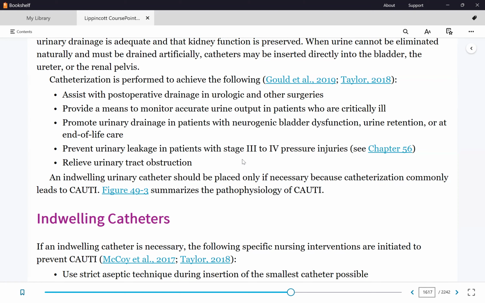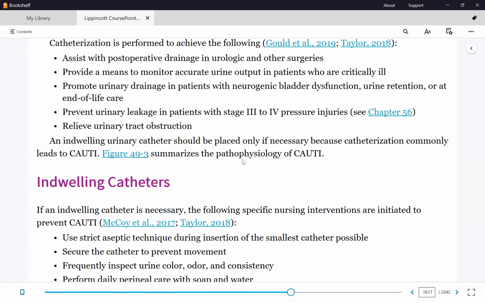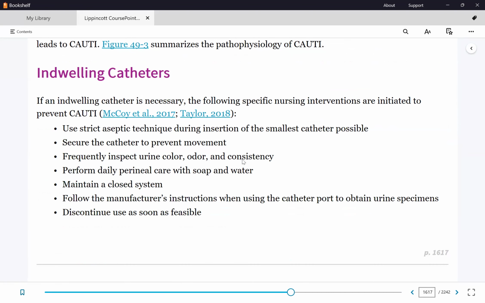Can we afford to get urine in the wound? No. And of course, urinary obstruction. Other than that, should we have a catheter in our patient? No.